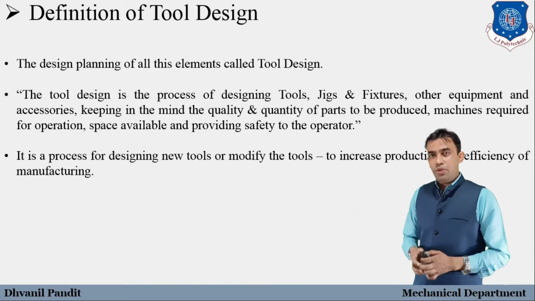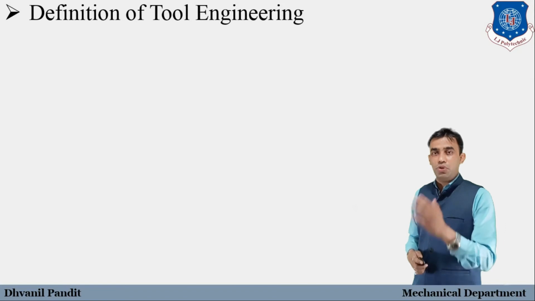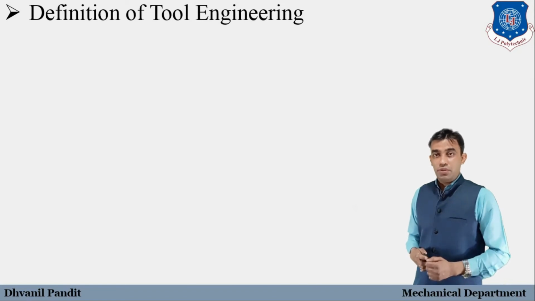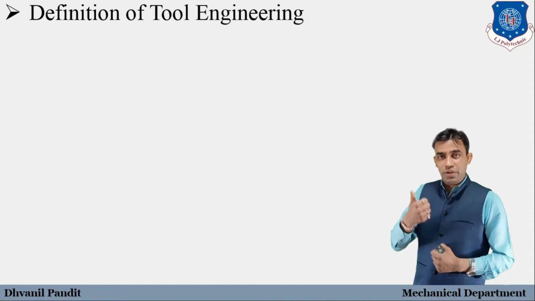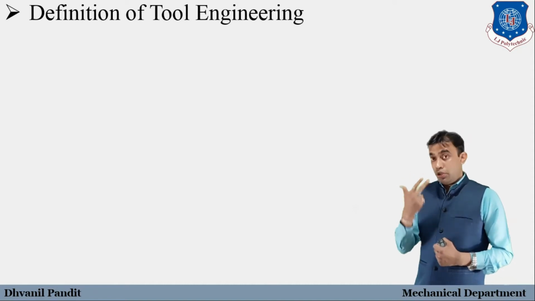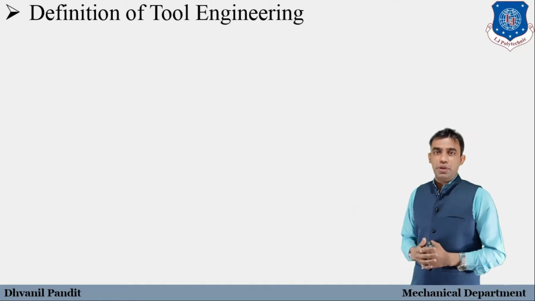Let's look at one more definition, and now let's discuss the definition of tool engineering. There are three key terminologies. We already discussed tool and tool design, and now we are going to define tool engineering.